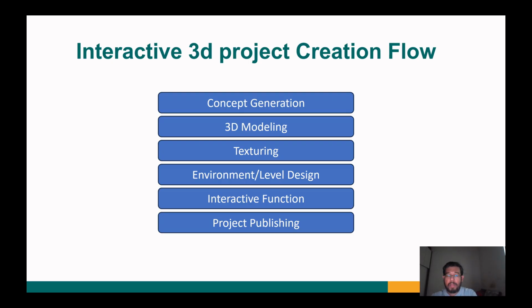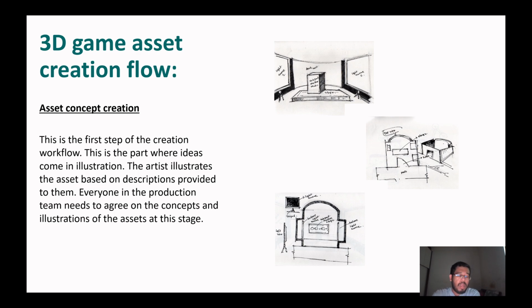Okay, then there is the 3D game asset creation flow. It starts with asset concept creation. If I go into a little more detail, concept generation is first. You have to draw a rough draw. You can see some of my examples, where I put a top view or floor plan kind of view, and also some perspective views.